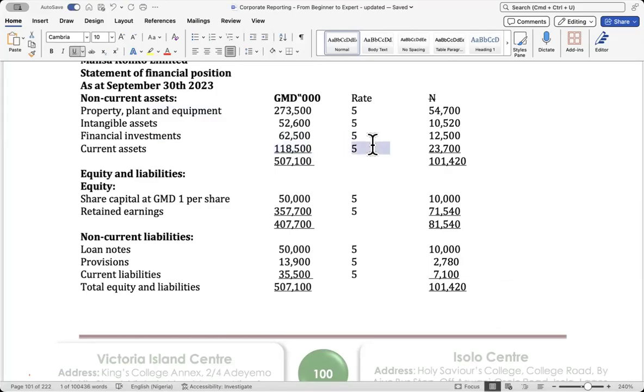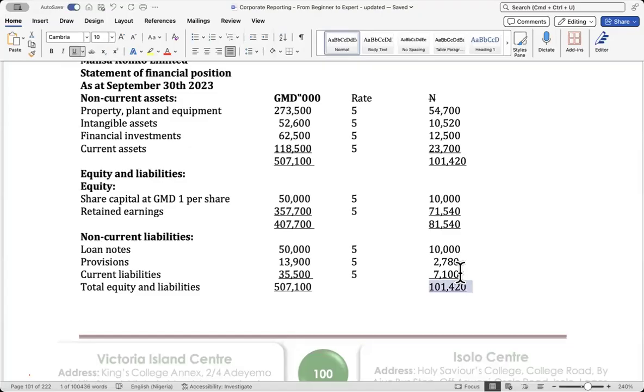The current assets, I used closing rates. It saves you the energy of getting exchange difference, because if you use different rates anywhere, your account will not balance. It's not possible. You'll be having a difference, which you call exchange difference.